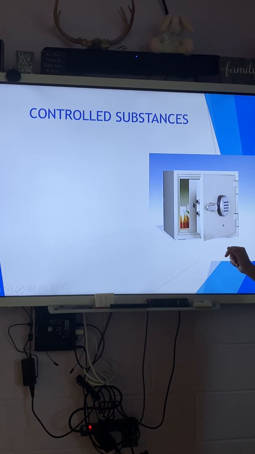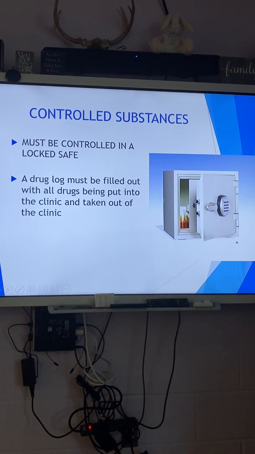All right, so these controlled substances are kind of interesting. We have to do two things with them. One is we have to lock them up in a safe. For real, in a safe. And this was my job when I was at the clinic.